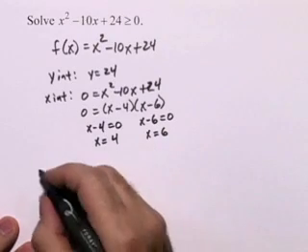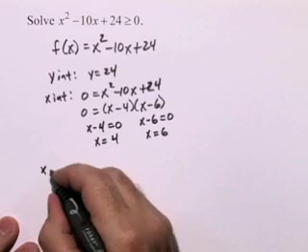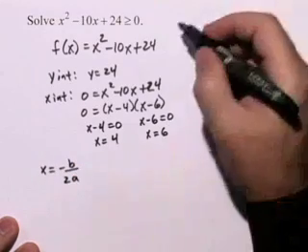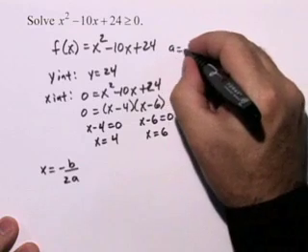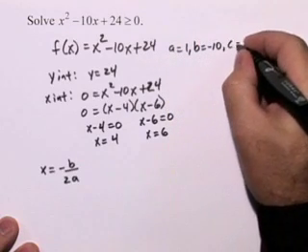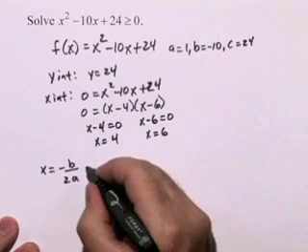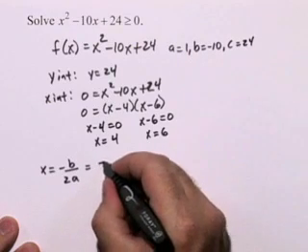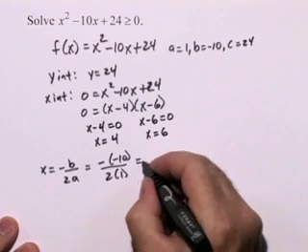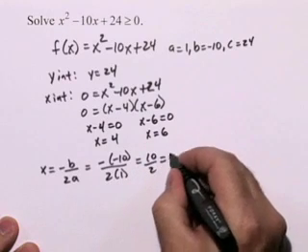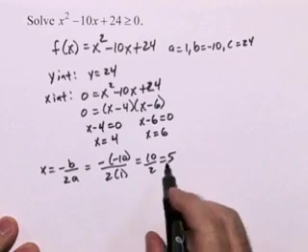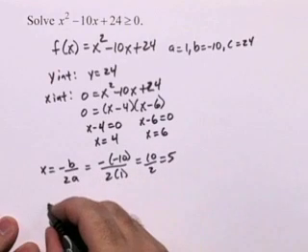We'll also find our vertex. We can get the x-coordinate of the vertex by using negative b over 2a. Come back up to our function, see that a is equal to 1, b is equal to negative 10, and c is equal to 24. So we'll have x is equal to negative negative 10 over 2 times 1, which is 10 over 2, which equals 5. We get the y-coordinate of our vertex by evaluating our function at x equal to 5.